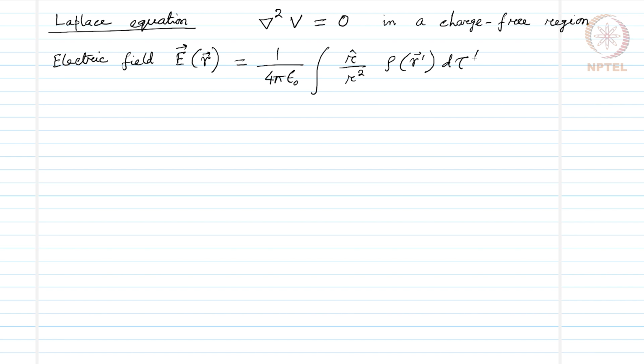And if we try to calculate the potential right from the charge distribution, we can do that, as we have already learnt, by V equals 1 over 4 pi epsilon naught integration of 1 over r rho r prime d tau prime. This way we can find this.